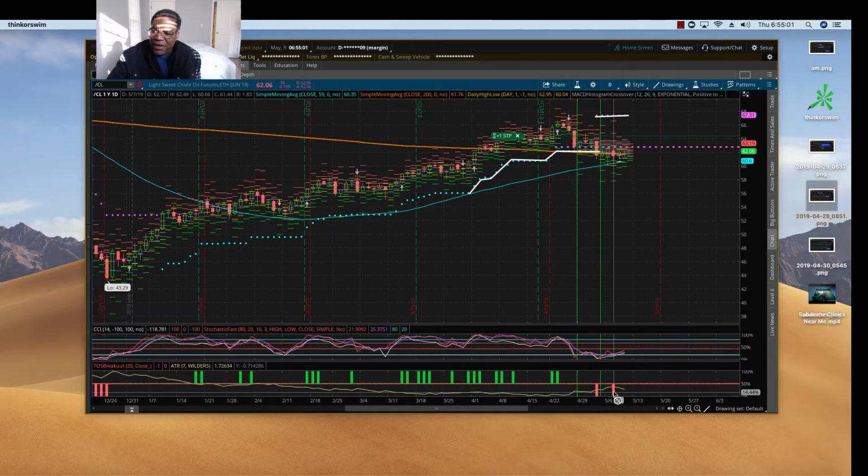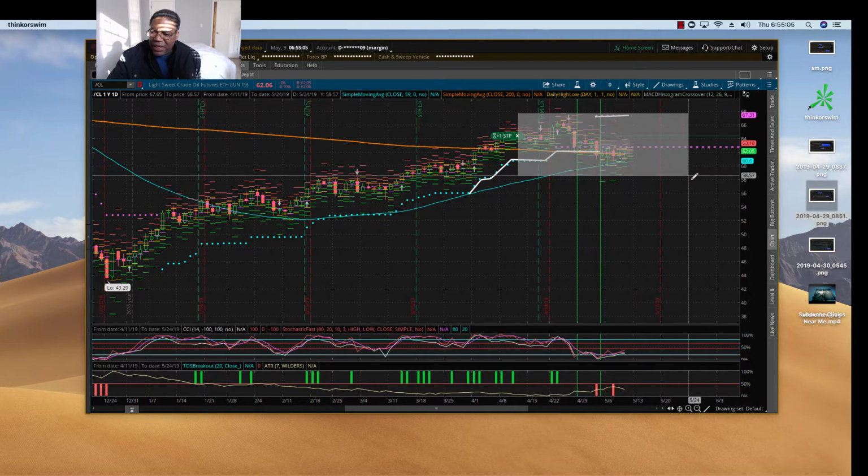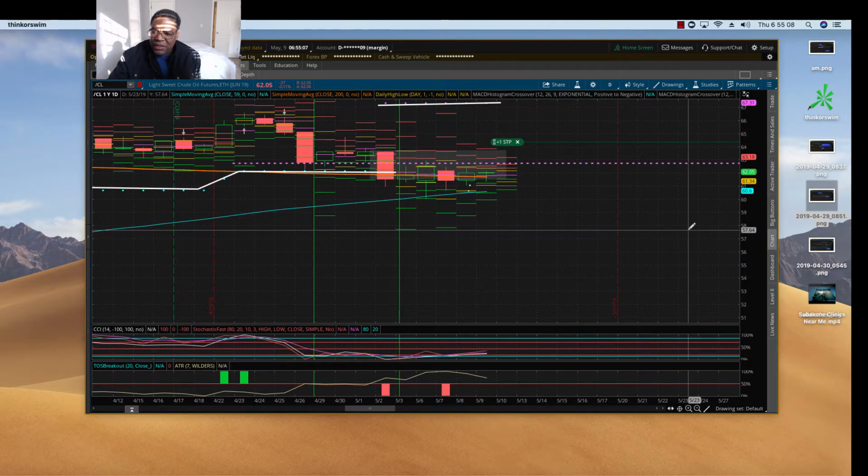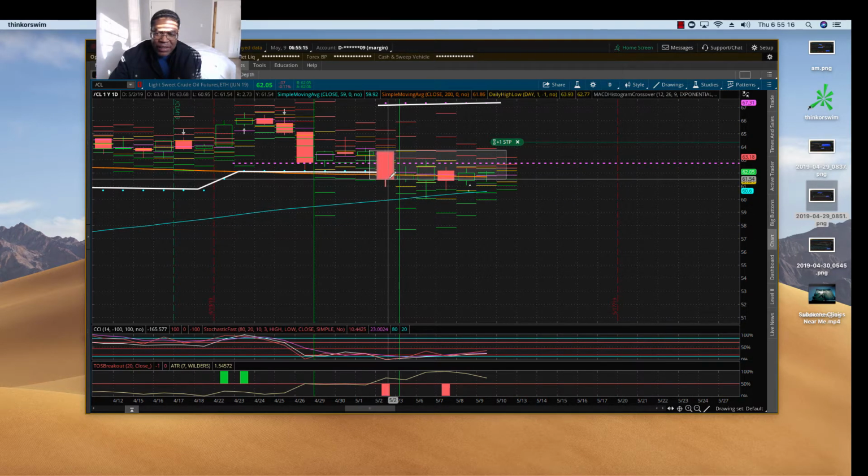All right. Then the other thing I like to look at on the daily is ranges. Ranges are important. Ranges can act as support or resistance. And so I'm targeting this range here on this day. And you can see I highlighted that range. Okay, because my thinking is the market is going to test this range.